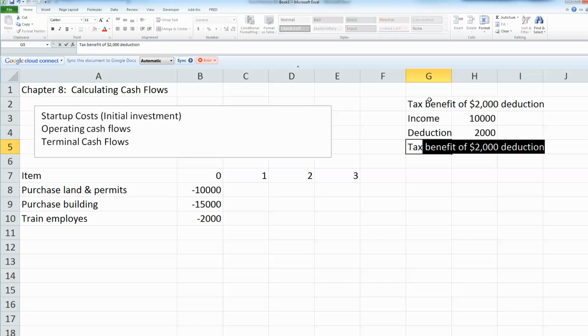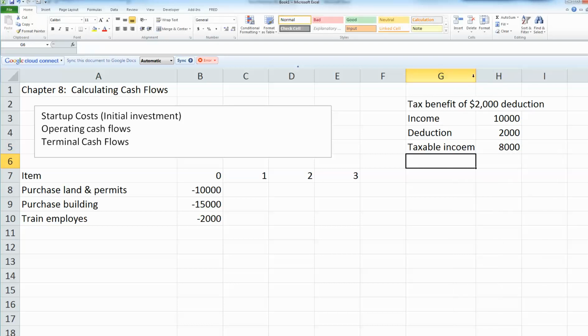And so my taxable income will be the difference between the $10,000 and the $2,000. So my taxable income, $8,000. And let's say my taxes are 30%. Actually, let's use 40%. Nope, 20%, because that's the rate I'm using in the project. Well, if I have taxable income of $8,000 and my taxes are 20% of that, I will owe $1,600 in taxes.